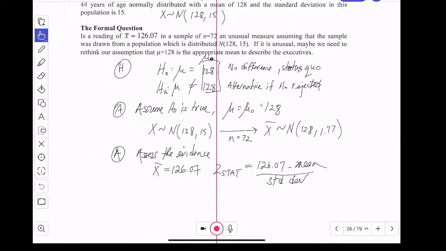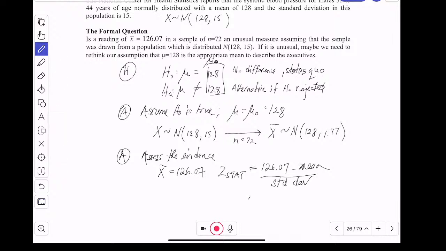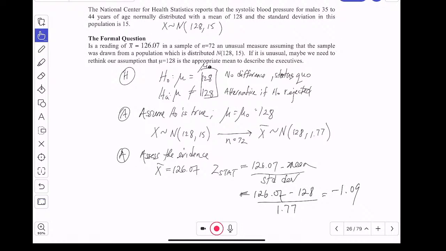So, ready? 126.07 minus 128 standardized gives, so it's lower, it's at negative 1.09. So that's not an outlier, right? That doesn't seem like an outlier. I mean, an outlier is usually around 3 or more than 2 standard deviations away.